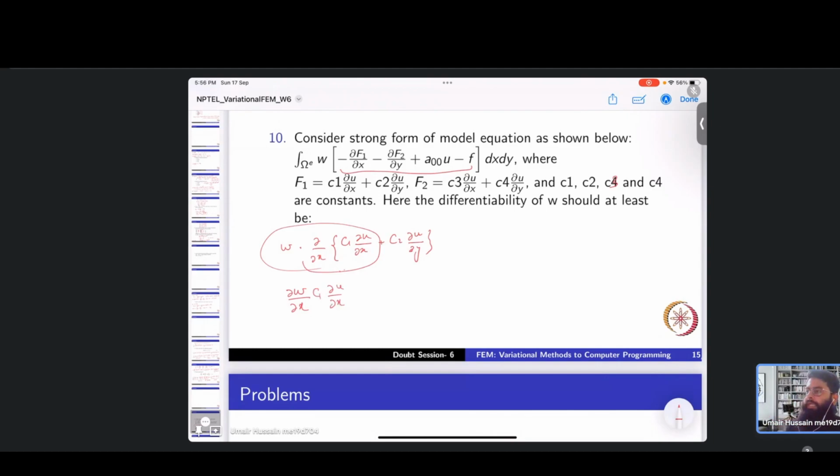So w should be at least differentiable once, so it should be of C0 continuity. It should be continuous. So any linear function would be fine for this kind of problem.